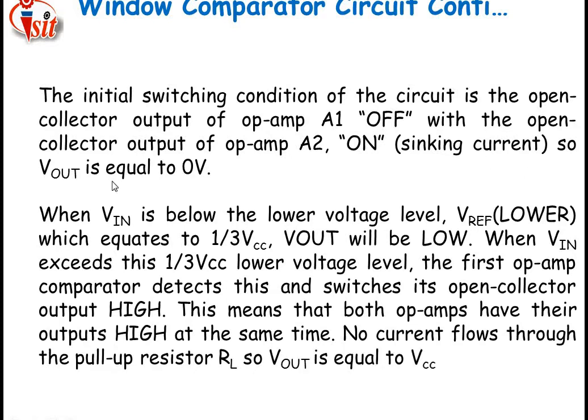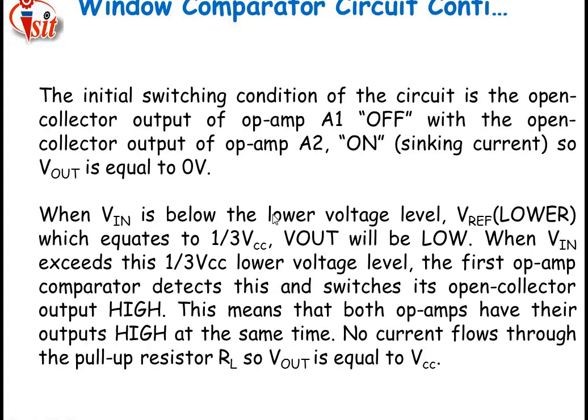So the output is equal to 0. One op-amp is on and another is off, so Vout is equal to 0.